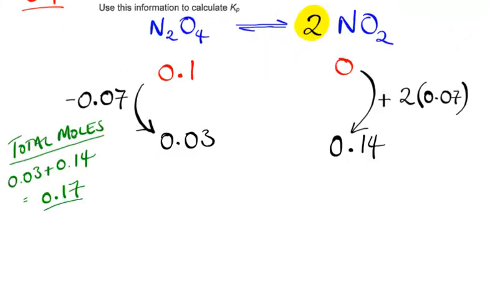At this point, I would just make a note of the total moles in our equilibrium, which is 0.17, just add those two together, and here I will work out the mole fractions.